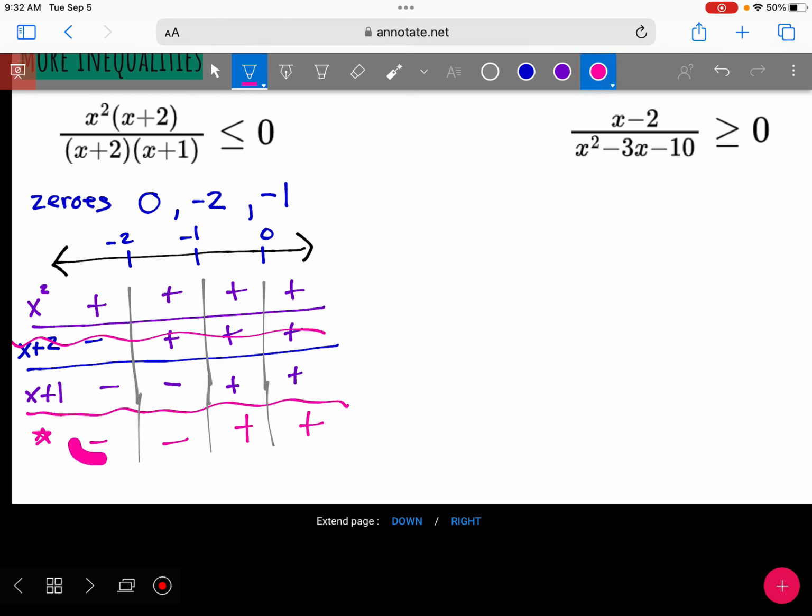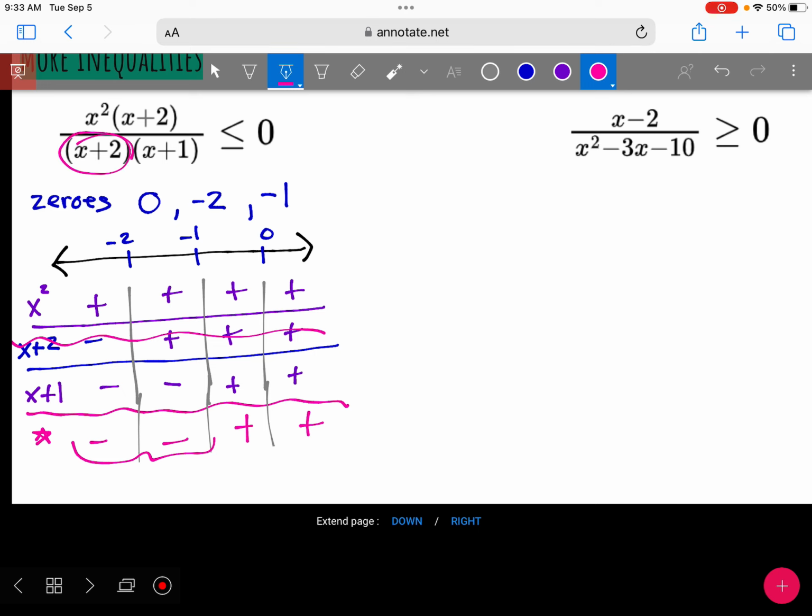So we're looking at these guys. Which ones can't we divide by? The -2 and the -1. So we want everything less than -1, except we can't have -2, because we can't divide by -2.